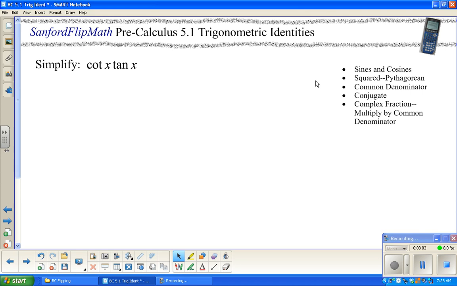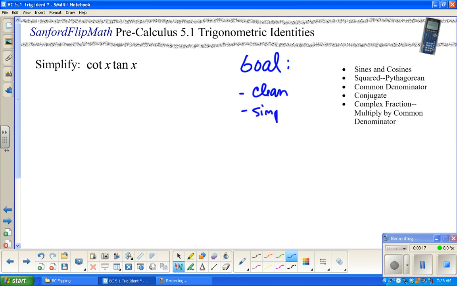Okay, this particular one, cotangent times tangent. Well, there are a couple of different approaches, and keep in mind the goal. When you're trying to simplify, you're trying to make it as clean and simple as possible. I'd much rather write sine of x than a bunch of stuff, or I'd much rather write 0 or 1 or cosecant or something like that than a bunch of trig stuff.